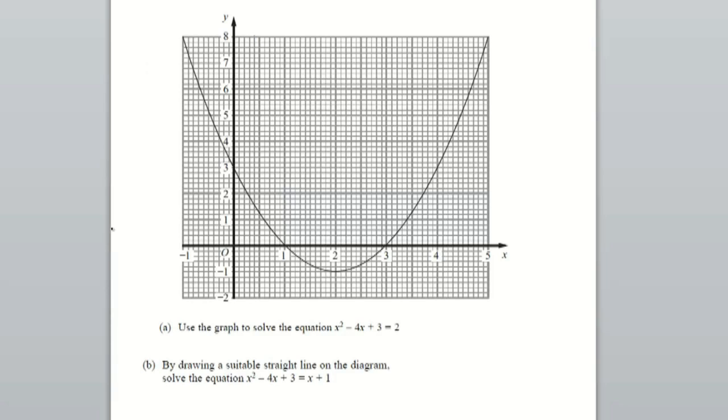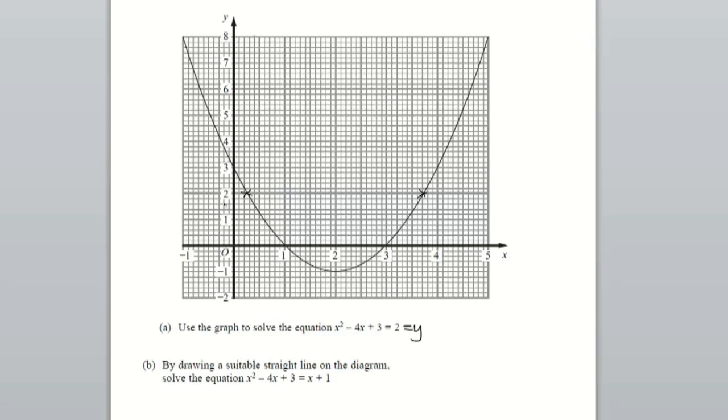Alright then. Quadratic again, but this time on a graph. Use the graph to solve the equation x squared, take away 4x, add 3 equals 2. Well, we've got the graph of y equals x squared, take away 4x, add 3. So what it's saying is, where on the graph does y equal 2? So we look at 2, find where it crosses the curve there and there.